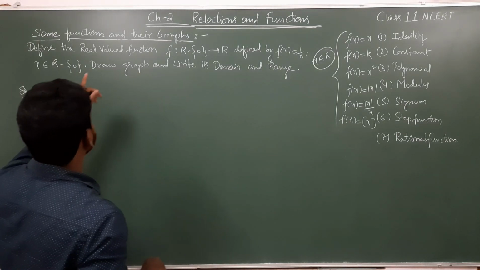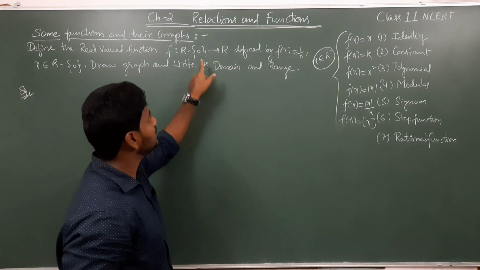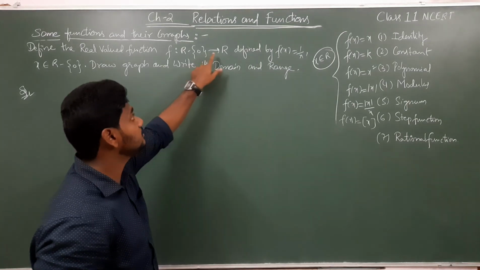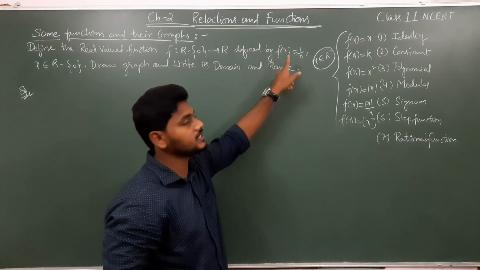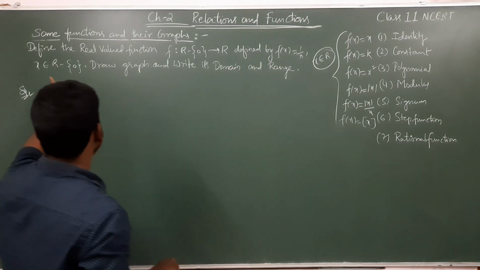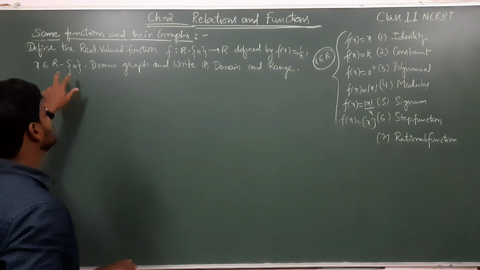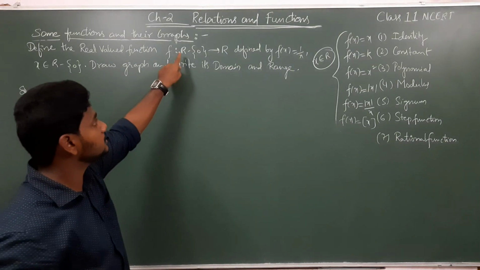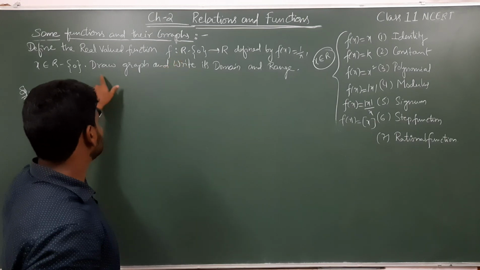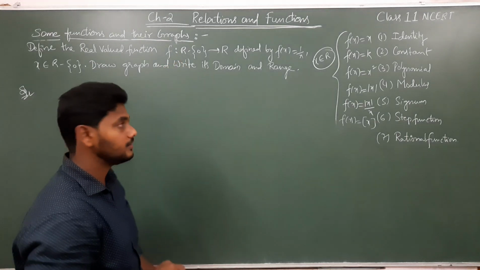So the question is: define the real valued function f from R minus set 0 to R, defined by f of x equal to 1 by x, where x belongs to R minus the set 0. So what x belongs to, that only should be the domain. Draw the graph and write its domain and range.